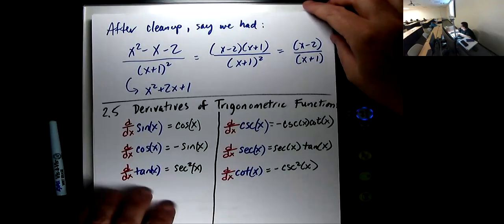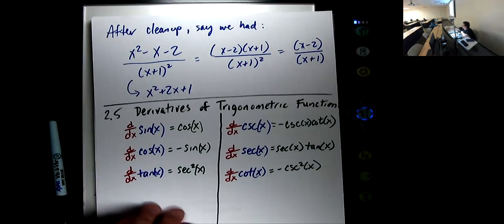Does anyone need those up longer for your notes? All right. I'm going to derive 3 of them. You should try to derive the other 3 at home. They'll be similar in derivation to what we're doing today.